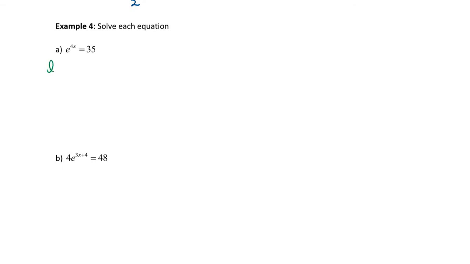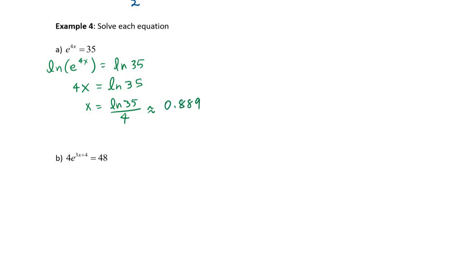So I take the natural log of each side, and the natural log of e to the 4x is just 4x. Equals the natural log of 35. Divide by 4 on both sides. This is my exact answer. Use my CAS, and I get 0.889.